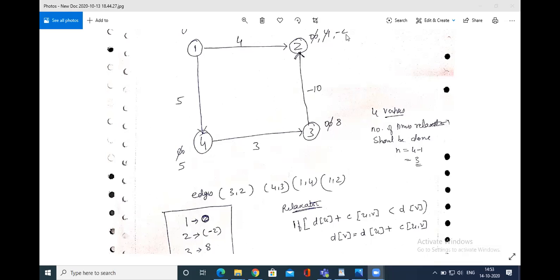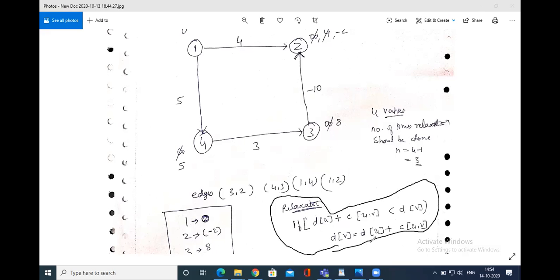Very simple. We have a formula for how to do the relaxation. What is the meaning of relaxation? Just focus on this formula, all of you. Here, how do you perform a relaxation?